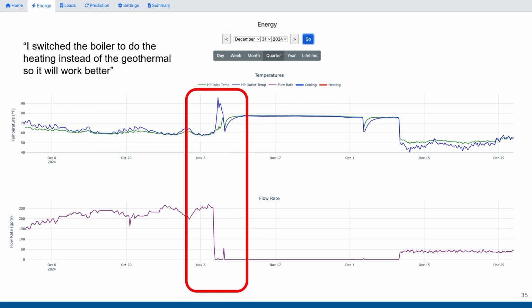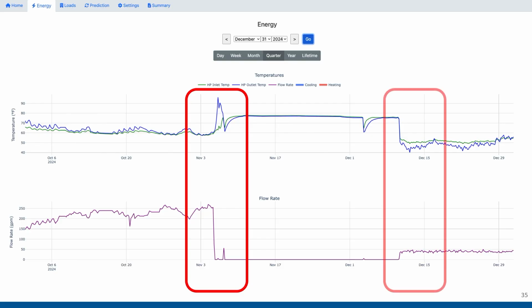And furthermore, nobody would have caught this if there wasn't monitoring, because the first thing we thought was, is there any complaints in the building, right? When you see this sort of drop, you'd expect there to be comfort issues. People wouldn't be warm or getting heated, but that wasn't the case. And so this would have gone on.